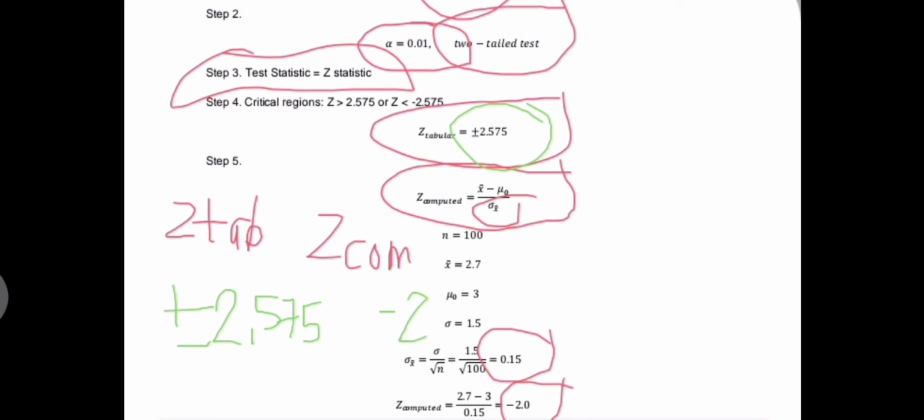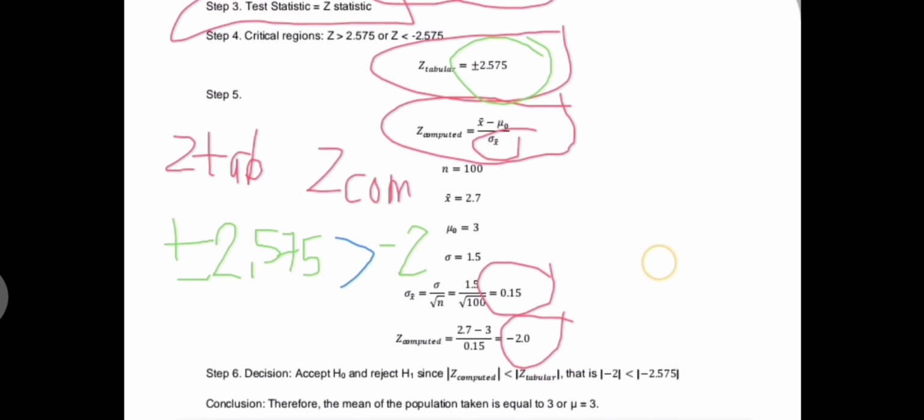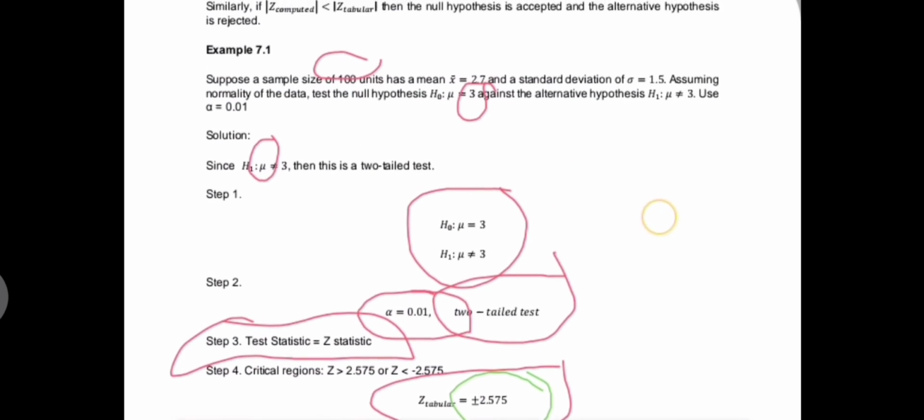We can see that our Z tabular is greater than the Z computed, we can now decide.